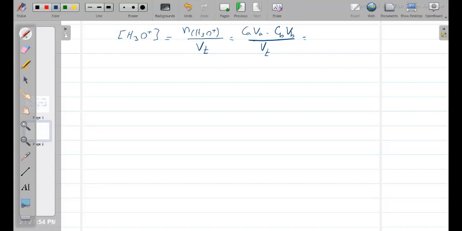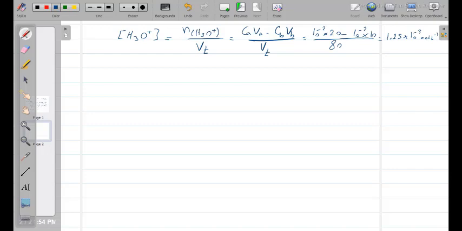CaVa equals 10^-2 times 20 minus CbVb, 10^-2 times 10, over V total 80, equals 10 times 10^-2 over 80, 10^-2 over 8, 1.25 times 10^-3 mole per liter.